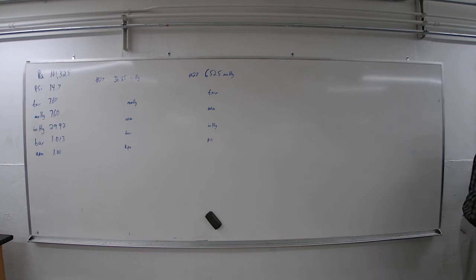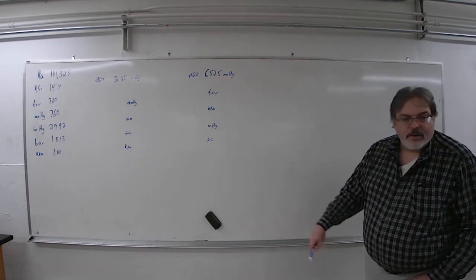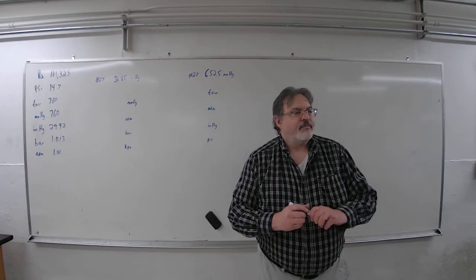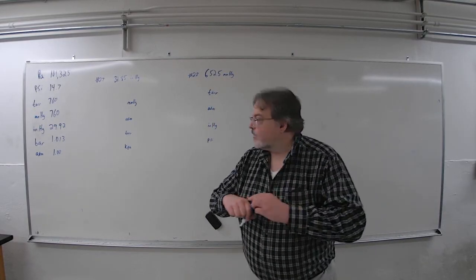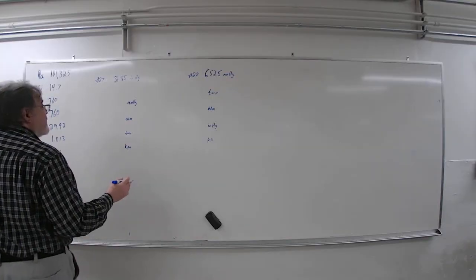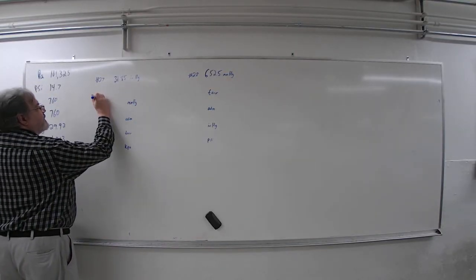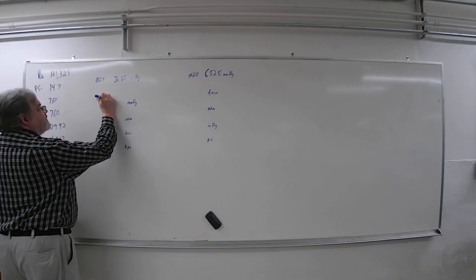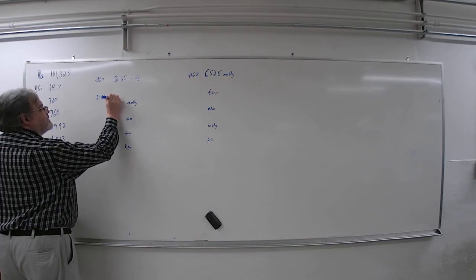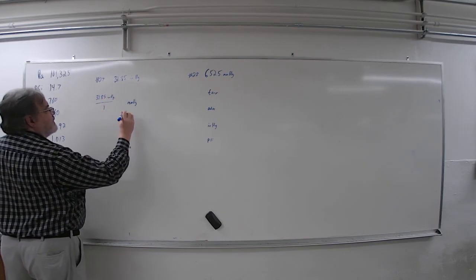I'm going to start with some of these that were in the back of the book. If you're converting 31.85 inches of mercury, you would write it like this: 31.85 inches of Hg over 1.